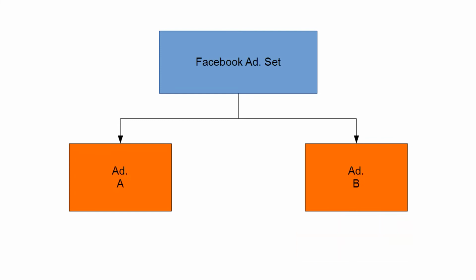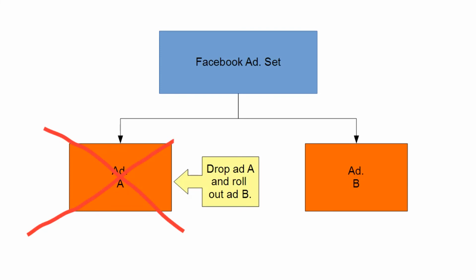Now let's say, for the sake of argument, that when you go through all the stats you find that Ad B outperforms Ad A. What you simply do is drop Ad A and roll out Ad B to everybody that you want to target with the ad.